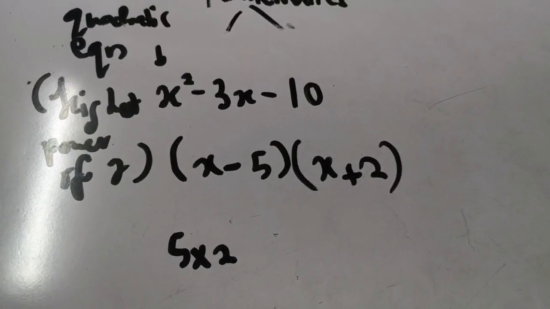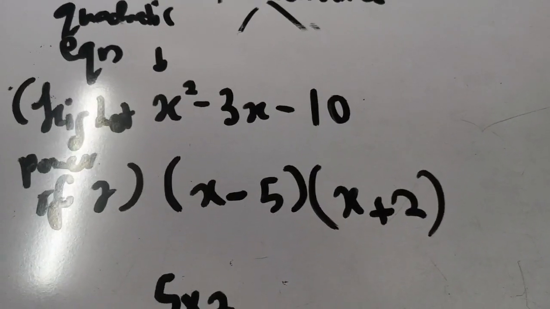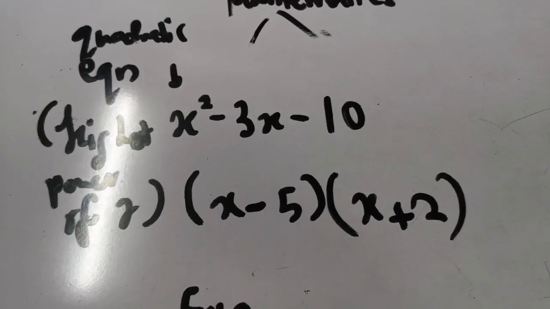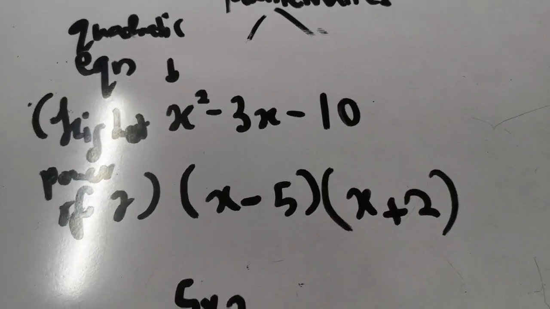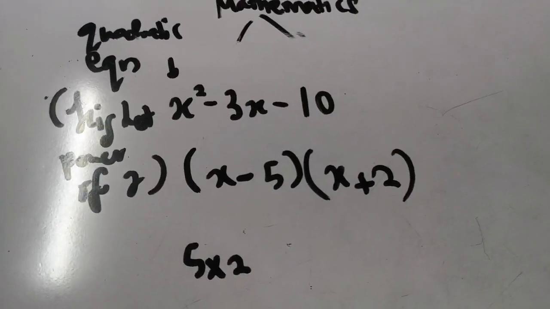This is the factorization of quadratic equations. We can also use factorization to solve problems involving quadratic or cubic equations, logarithms, and many other terms. We will see the next example.